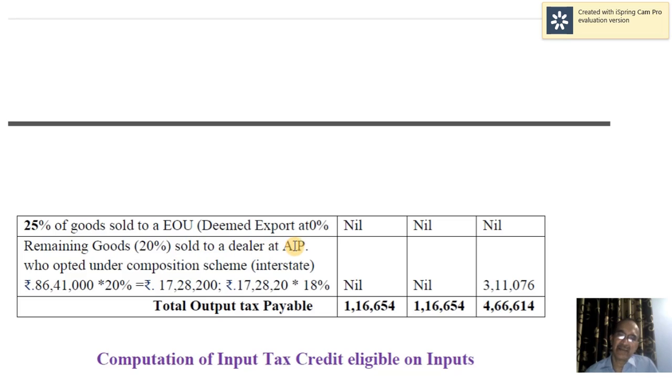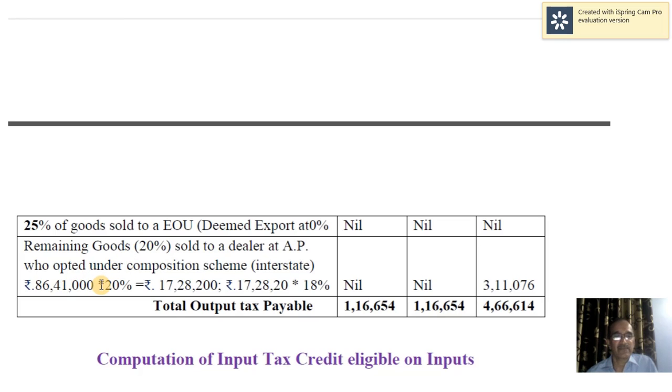Sold to a dealer at Andhra Pradesh who opted under composition scheme. So you are selling to a dealer in Andhra Pradesh. It is a composition scheme. But when you are selling, it doesn't matter. But if you are buying, of course, you are not entitled to get input tax credit.